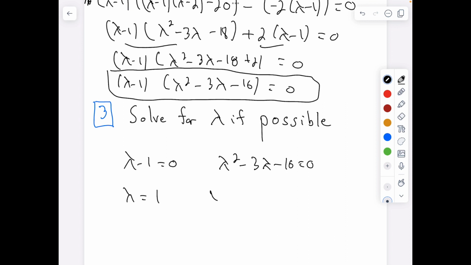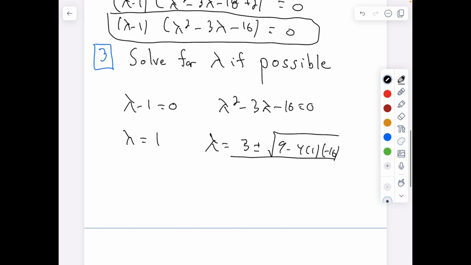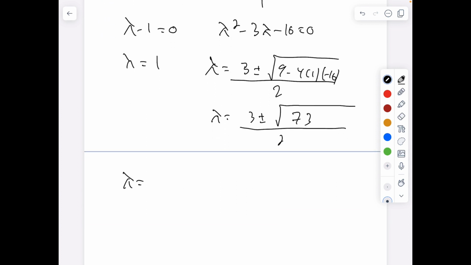For this I'd probably use the quadratic formula: 3 plus or minus the square root of 9 minus 4 times 1 times minus 16, all over 2. So 64 plus 9, I believe, is 73, over 2. So you get lambda equals 1, lambda equals 3 plus the square root of 73 over 2, and lambda equals 3 minus the square root of 73 over 2. Those are your 3 eigenvalues.